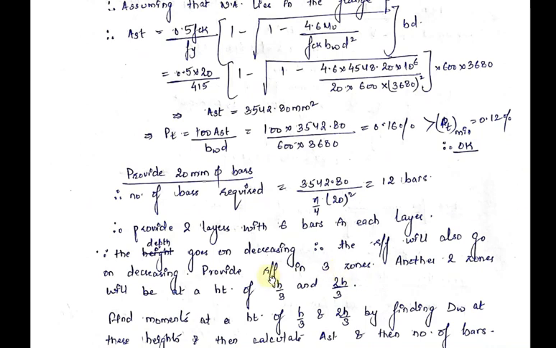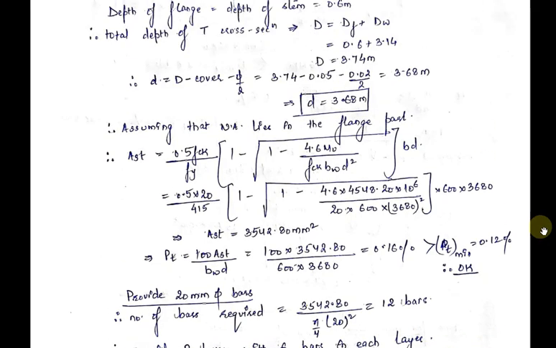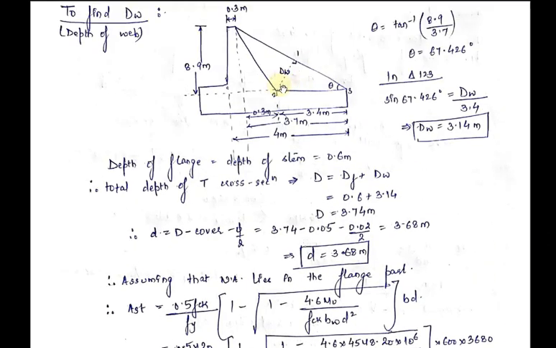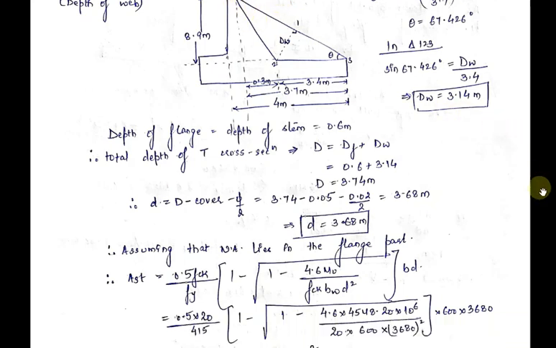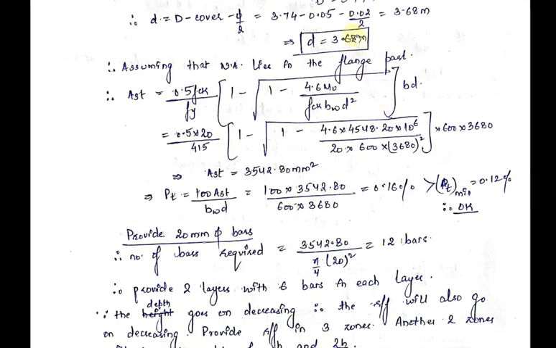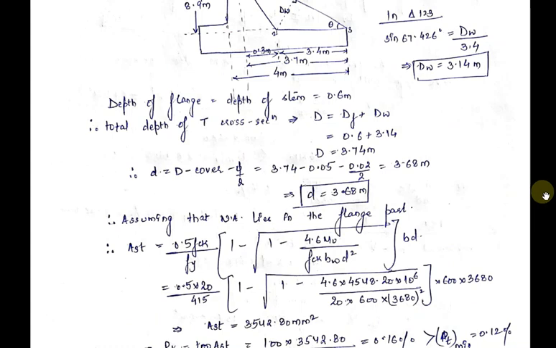So what we do is we provide reinforcement in three zones. The reinforcement which we just calculated will be provided near the B point, for a height of h by 3. After h by 3 the area of reinforcement will be decreased, and above that again it will be decreased. The area of reinforcement will be calculated in a similar fashion. First we will have to calculate the depth at h by 3 height.